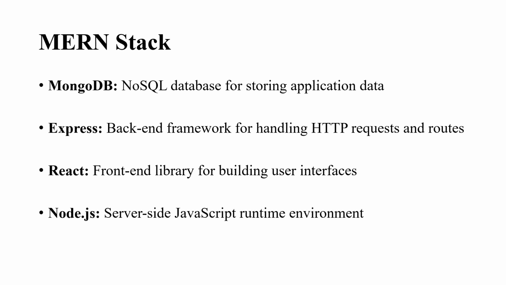What is HTTP? If you see in YouTube or in Google, it will show HTTP slash colon like that. So to handle that, we have something called Express, and then React is for the front end, for the user interface, for whoever is seeing this, and then Node.js is the server side JavaScript runtime environment.